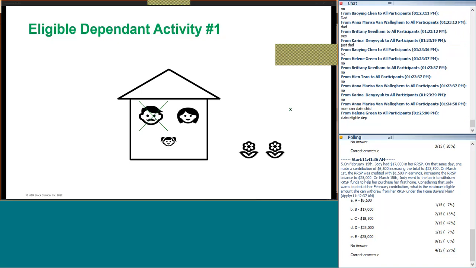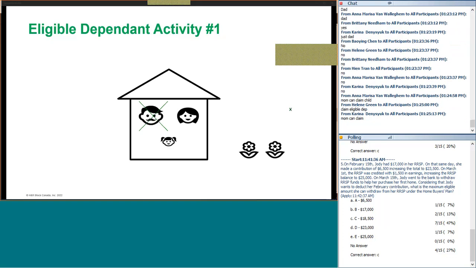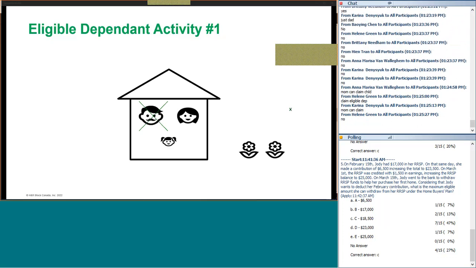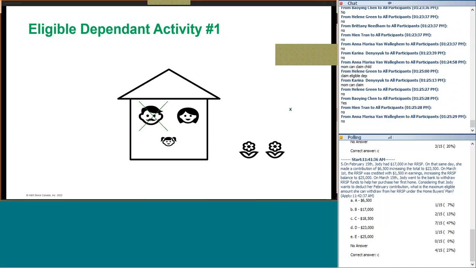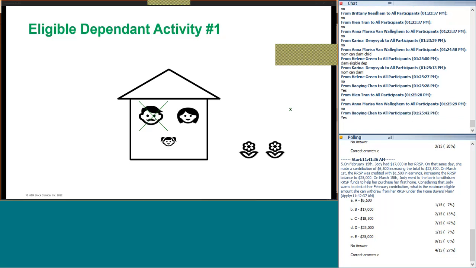So if the child turned 18 and 2 days later dad died, in that case, can mom claim eligible dependent? So first the child turned 18, then she became a single parent, then no. If dad died before the child's birthday, then yes.